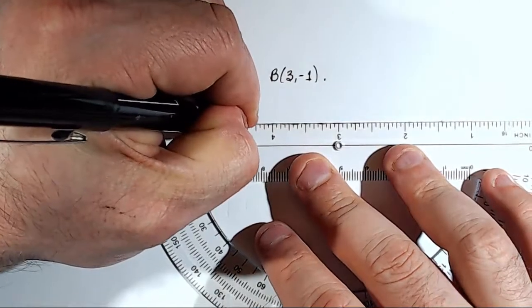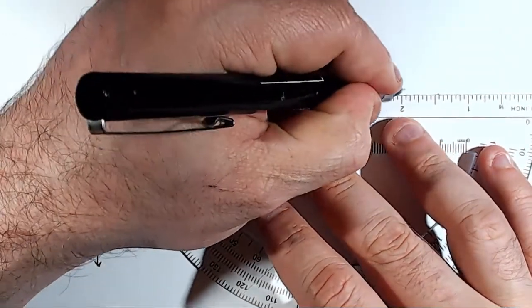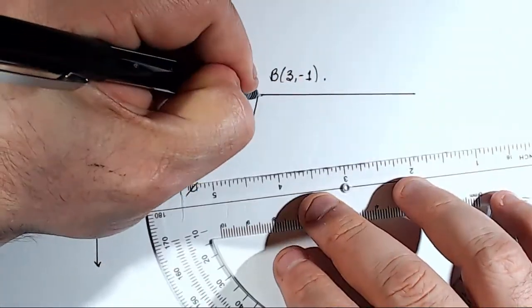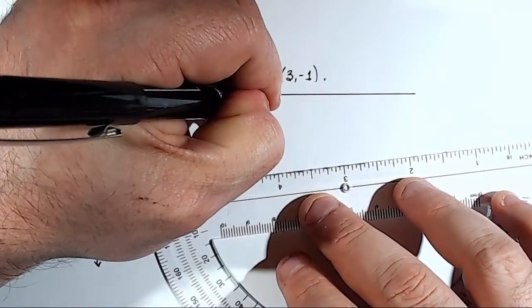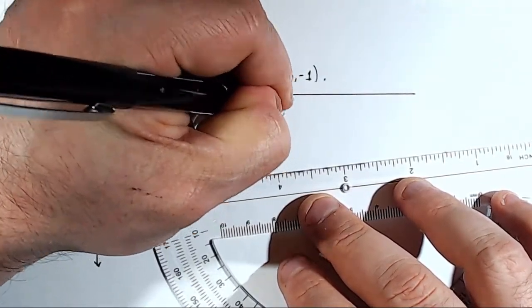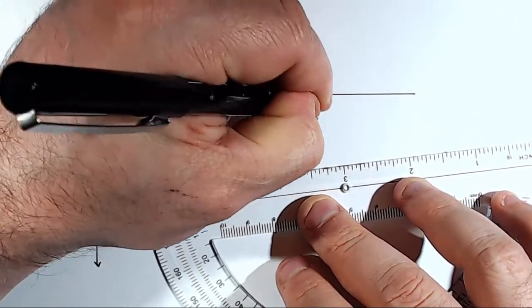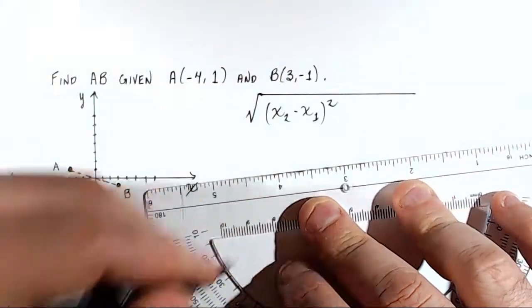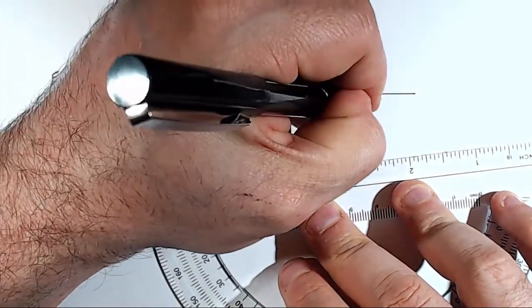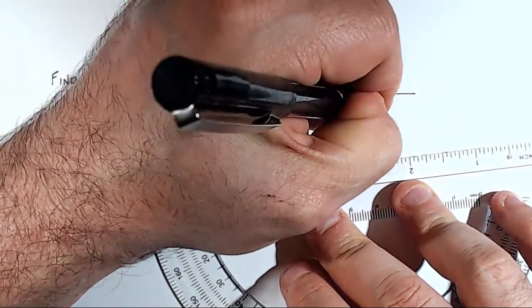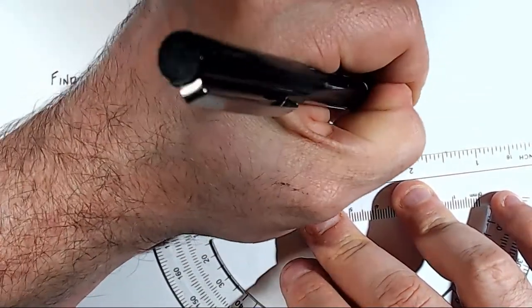It is the square root of the squared difference in the x's plus the squared difference in the y's.